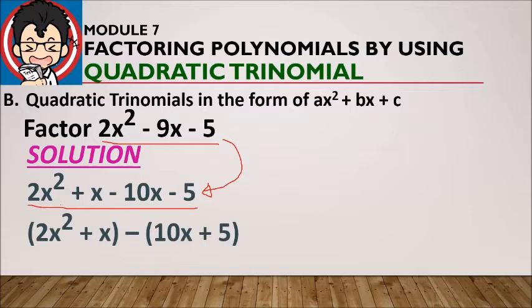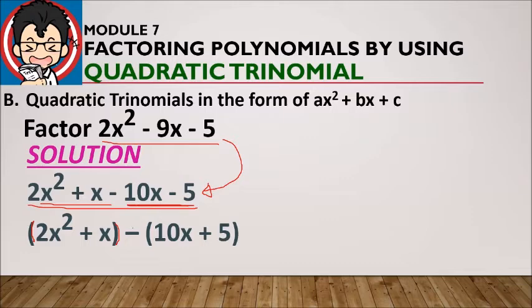So, yung 2x squared and x, sila yung magkasama. Then, yung 10x and 5, sila naman yung magkasama. Now, probably itatanong nyo, Sir, bakit ganon? Bakit naging plus 5? Eh di ba minus 5 siya? Guys, remember, nire-regroup natin siya. So here, we have to undo yung distributive property na ginawa natin dun sa mga signs natin.